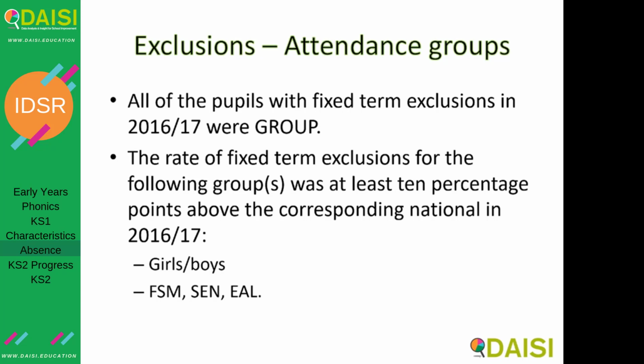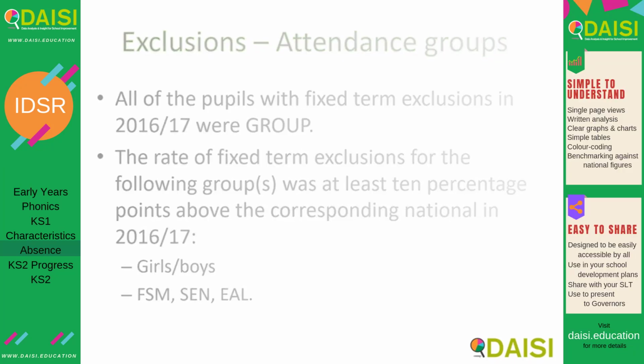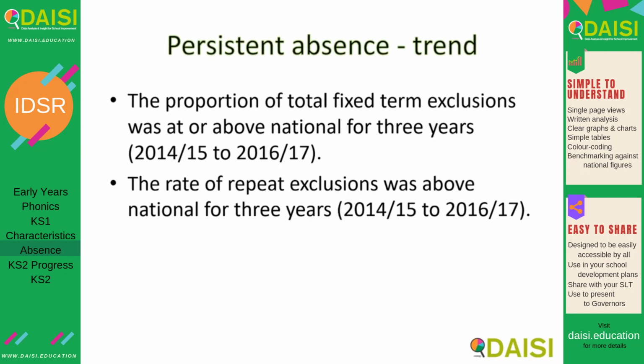So in other words, if for your girls the rate of exclusions was 10 percentage points above the national girl average, for instance, then you will get this as a particular exclusion weakness. Additionally, was your persistent absence over 3 years above the national average for total fixed term exclusions or for repeat exclusions?